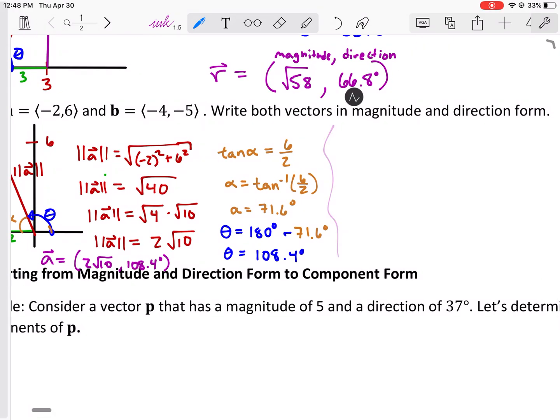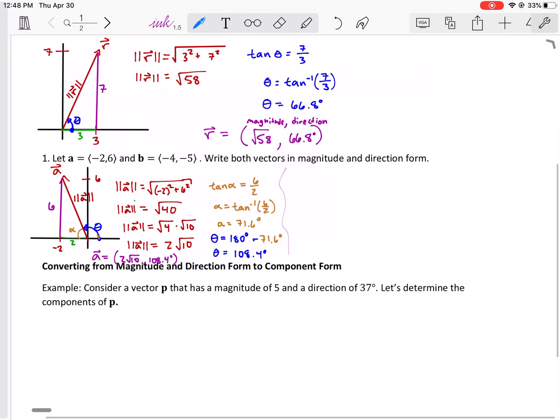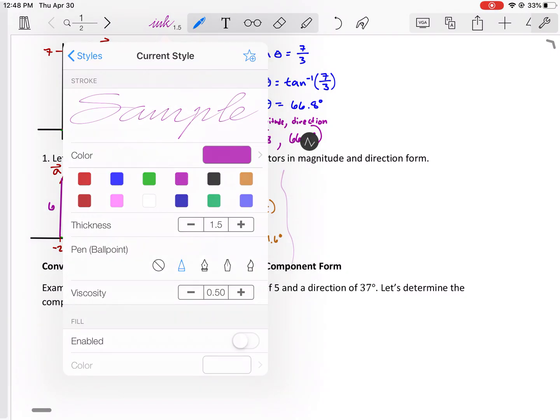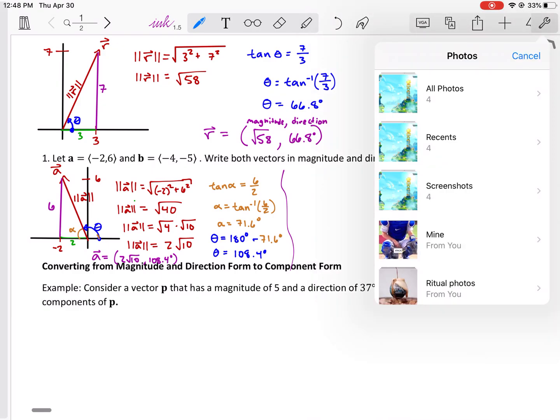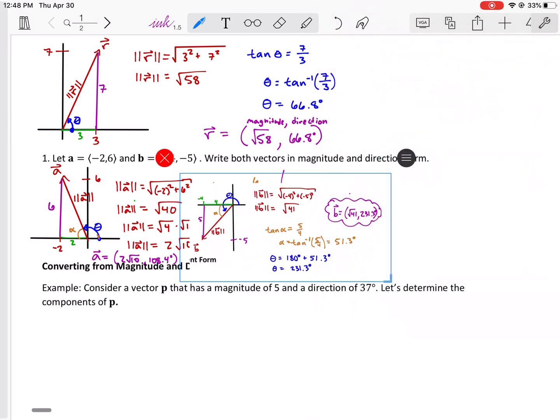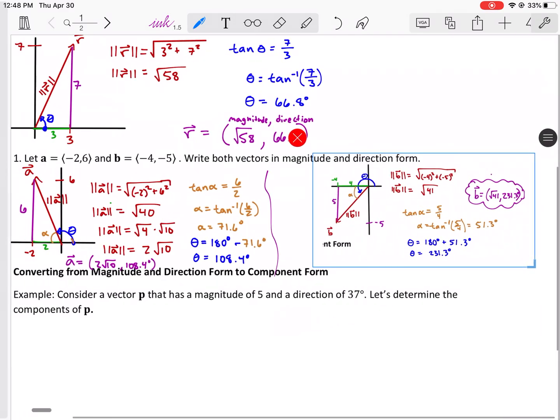Alright, I encourage you to pause the video and try the same thing out for that vector B right here. Keep in mind it's in quadrant 3. Alright, I did this one already.